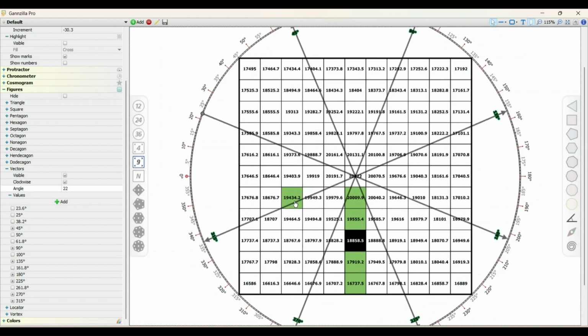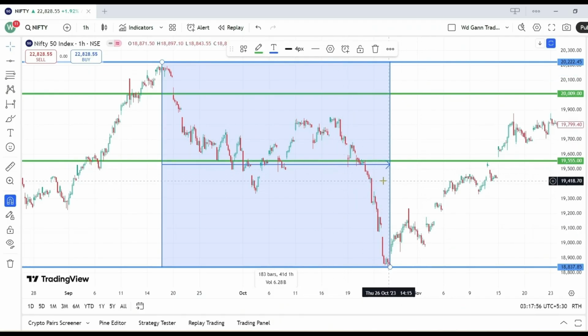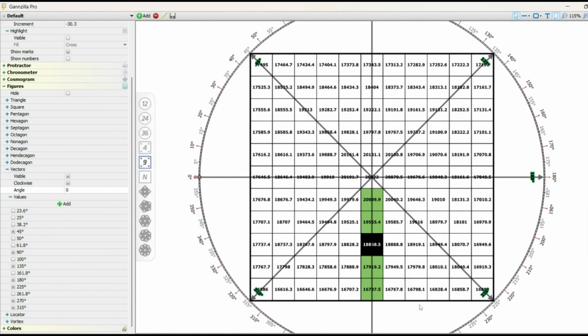So for this example 19434, we will consider the levels 19949, 20191 and 19979, 18707 and 177071, like this. So for now we have our support and resistance levels. So let's mark these levels on the TradingView app. I have already marked the levels here, 2009, 19555 and the other two levels 17919 and 16737.